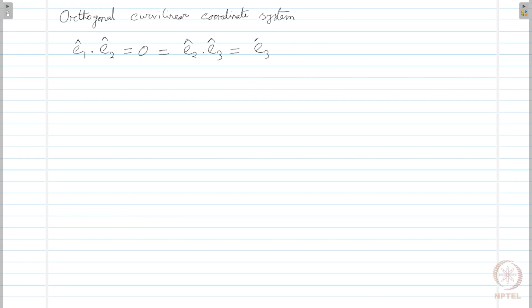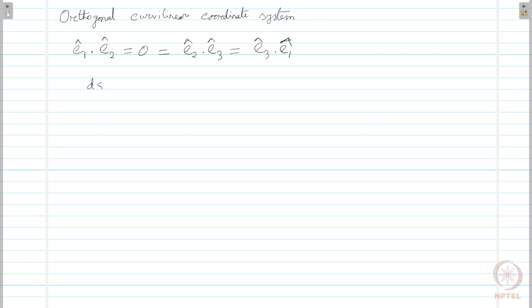and if we have an orthogonal curvilinear coordinate system, we will have the dot product of a unit vector with itself being 1 and the dot product with another unit vector being 0.